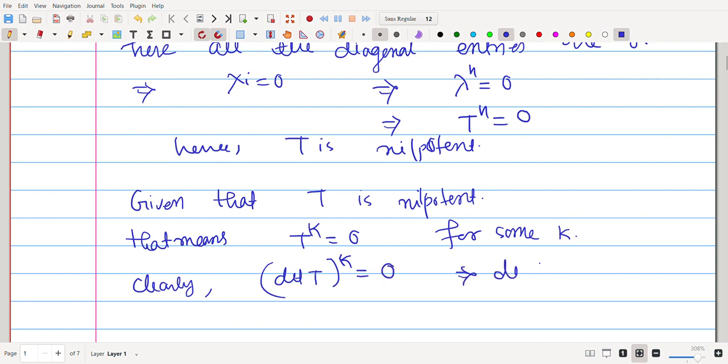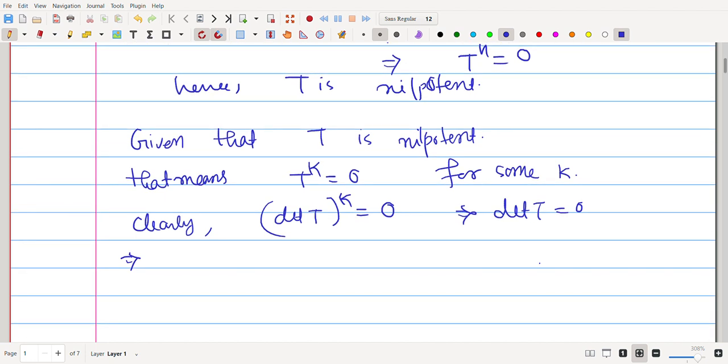That will imply determinant of T is 0. It will imply there exists some V1 belongs to Rn such that T V1 equals 0. That means there exists some non-zero vector, obviously, non-zero vector of Rn, which is inside the null space, right?